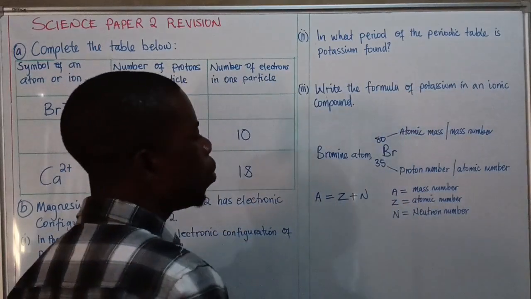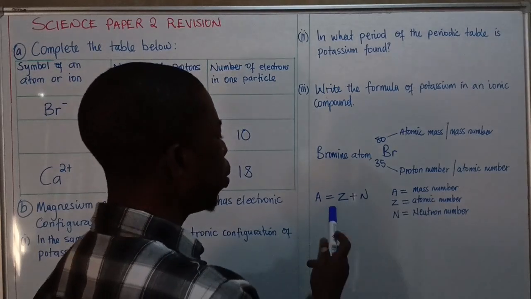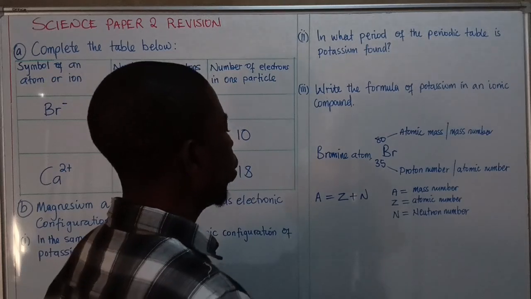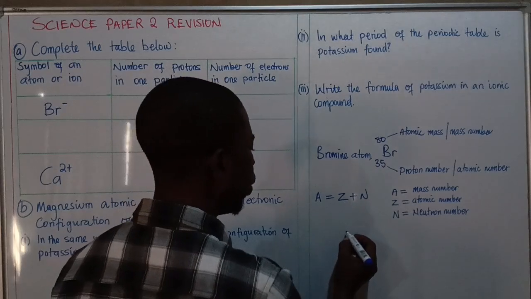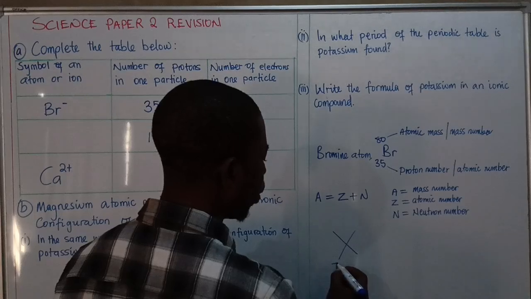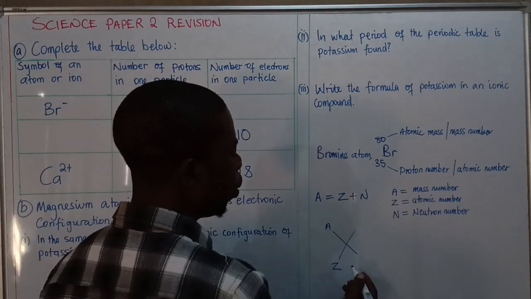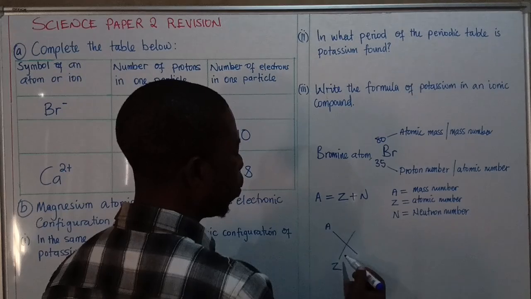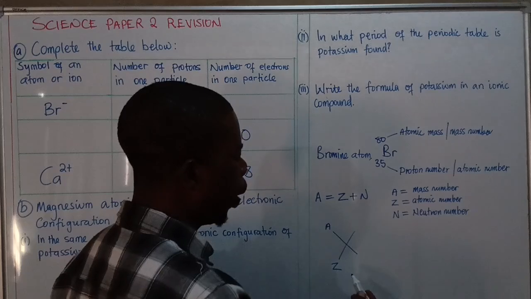So this information is very, very important, guys, that you know this information here. So usually on the periodic table, there's a key already. There's a key which is written like this. Then here you might have Z, here you might have A. So this key is just there to show you that what they put here as a letter stands for the chemical symbol for that particular atom or element.